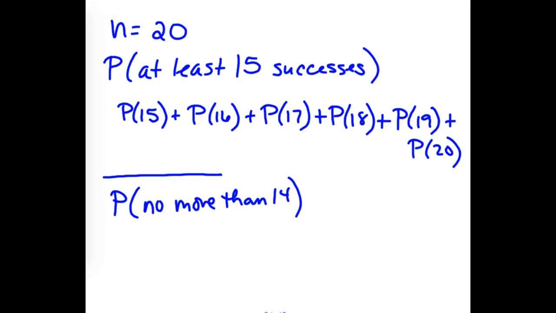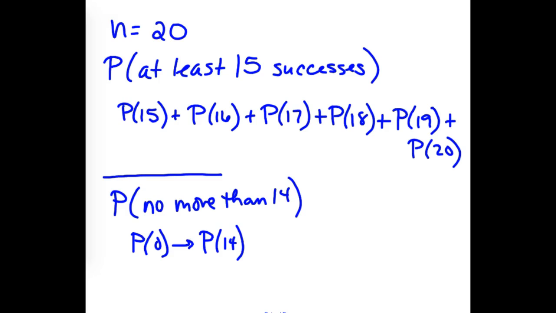What are my options? 0, 1, 2, all the way up to 14. I've already calculated 15 on up to 20, so I don't have to find 0 to 14.